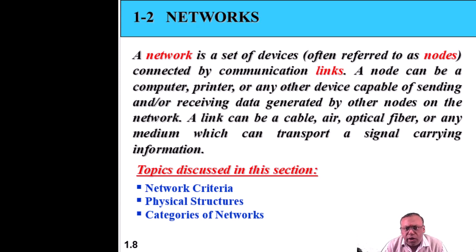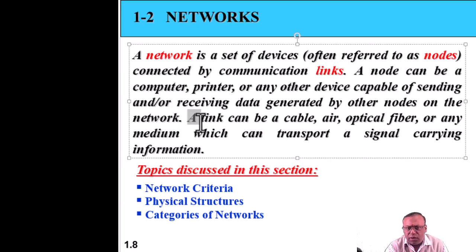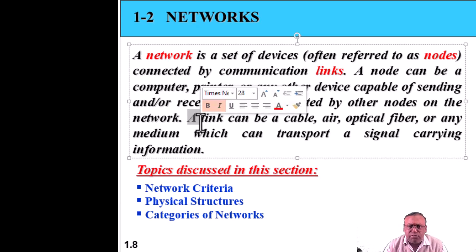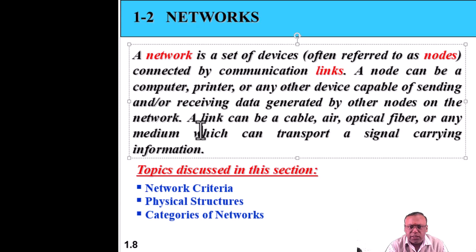Links can be wired or wireless. So we will discuss these terms in detail as we proceed with our lecture series. So in this section we will discuss network criteria first, then the physical structure of the network, and the category of network will come under this physical structure.